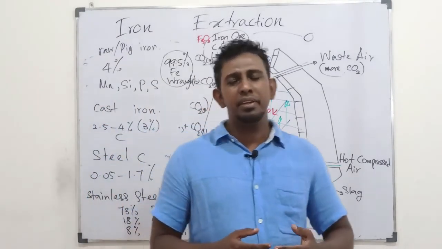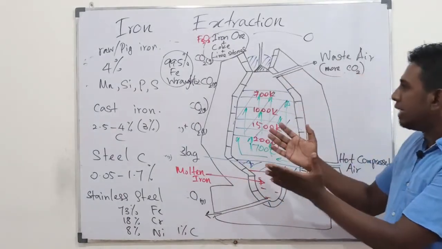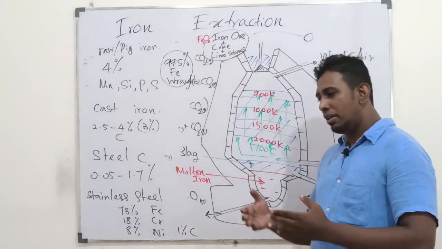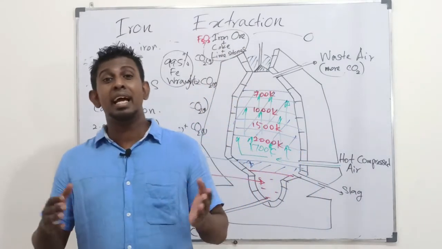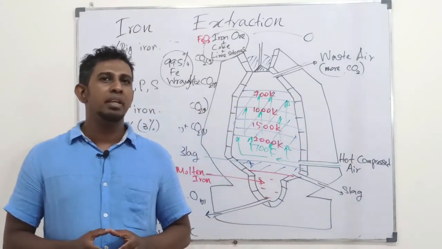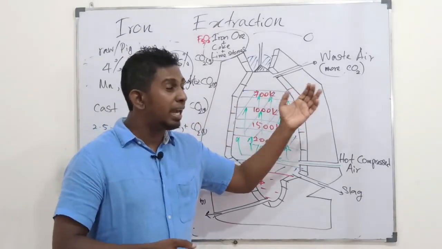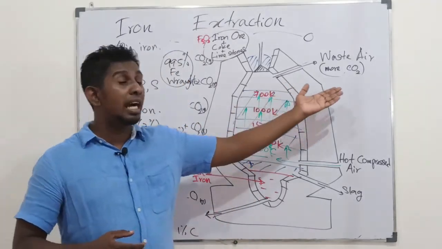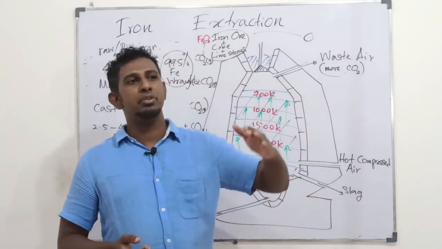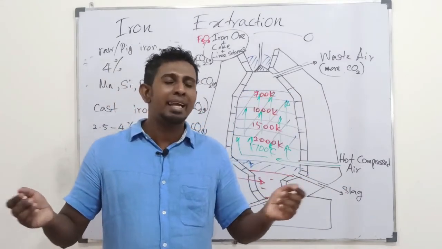Then students, these are the things you need to know regarding the iron industry, the iron and steel manufacturing industry. It is important to know these things in order to find options to reduce the carbon dioxide amount, to reduce the environmental impact.